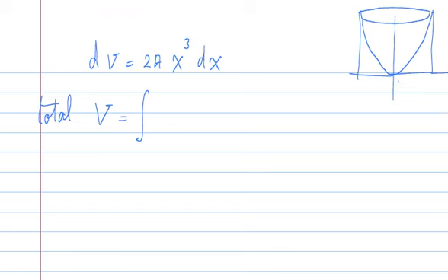The volume was obtained by taking the region from 0 to 2 underneath y equal to x squared and rotating it around the y-axis. So the domain of integration is from 0 to 2. Let me show it to you again on the previous slide we had.